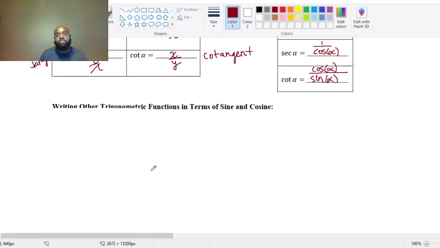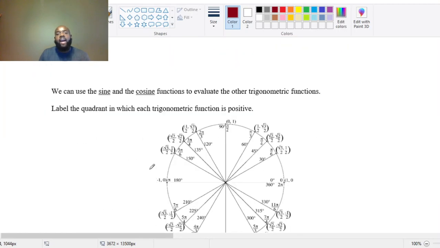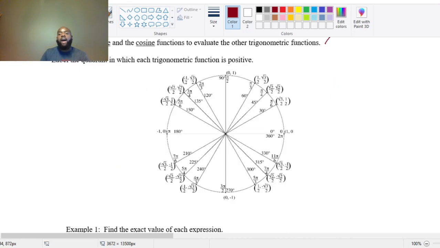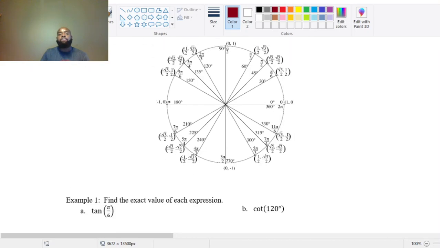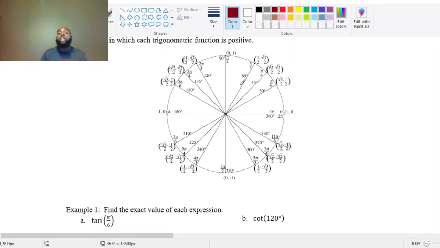We want to be able to evaluate these trig functions. We already talked about which quadrants our sine and cosine functions are positive and negative in. What we want to do is add these other trig functions.